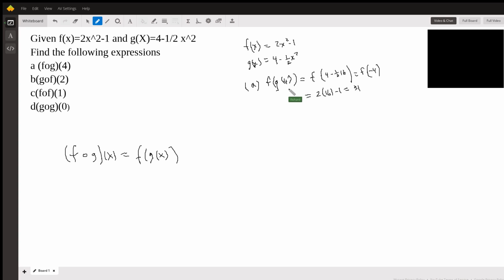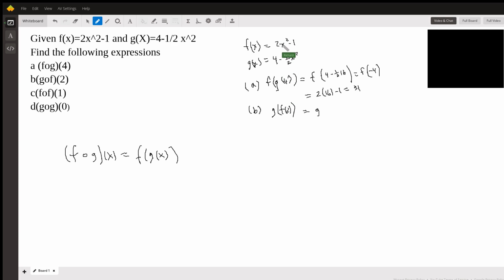So that's all it is. It's really very simple once you understand the notation. So don't let this freak you out. It's actually pretty straightforward stuff. We'll do another one, g of f of 2. Once again, we carry the outer function, which is g here, and we evaluate f of 2.